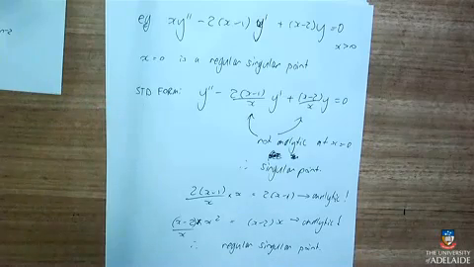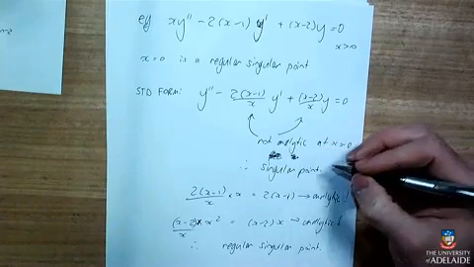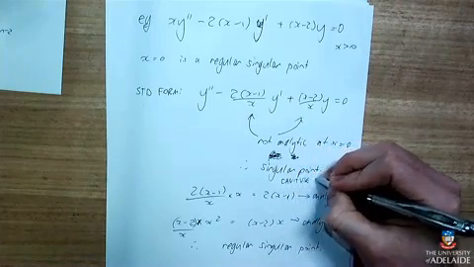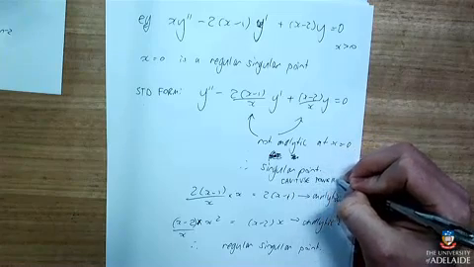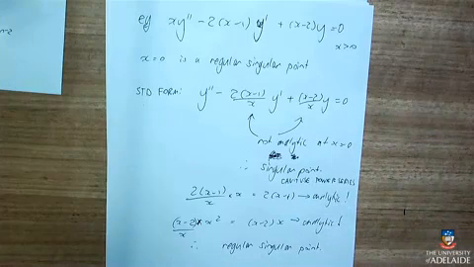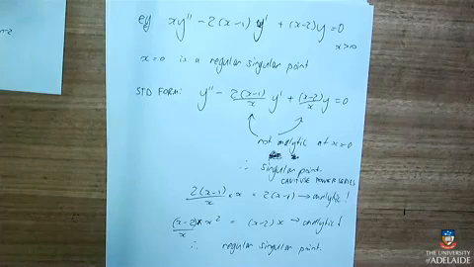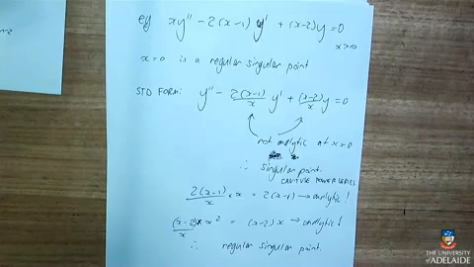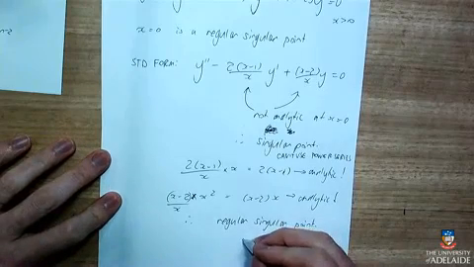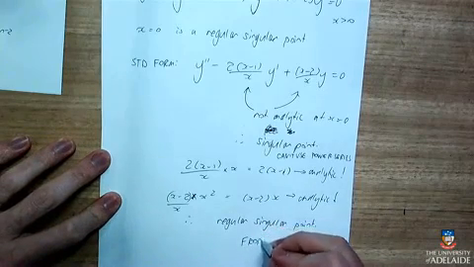So the fact that it was a singular point means that an ordinary power series isn't going to work. Well, not a power series with just x, you know, a naught plus a1x plus a2x squared. I could use a power series with x minus 1 and x minus 1 squared and x minus 1 cubed. I could use a power series at a different place, but not at x equals 0. And so since it's regular, the Frobenius method would work.